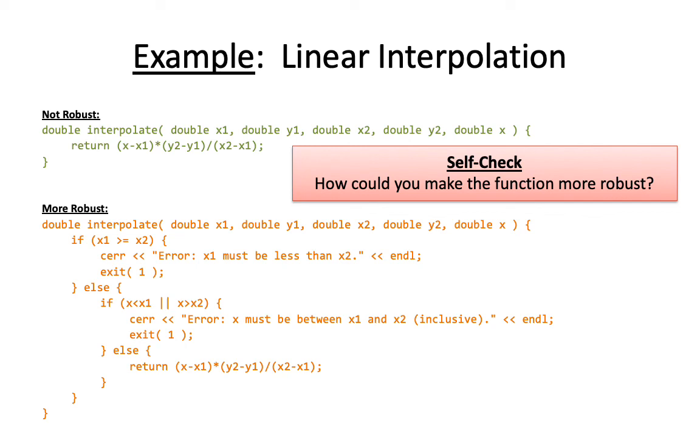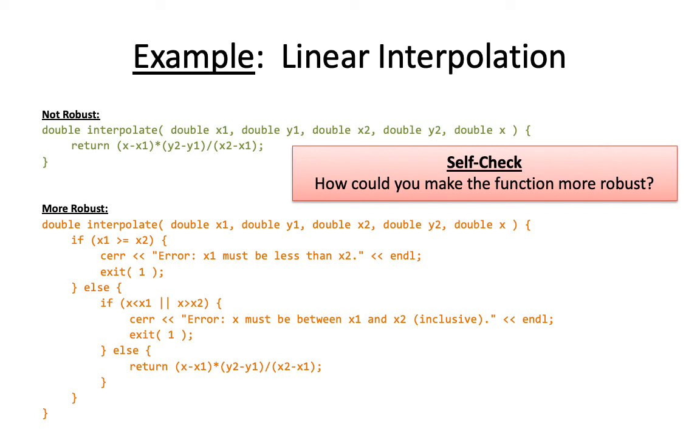So if I gave bad values for x1 and x2, then I would get this error message and I would exit. But if that's not the case, else, then I have another check. If x is less than x1 or x is greater than x2, what this is checking for is, is x not between x1 and x2?